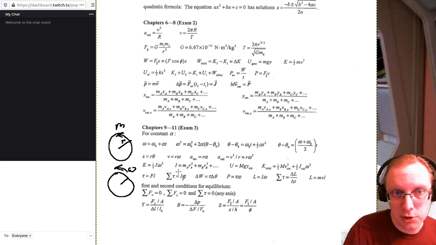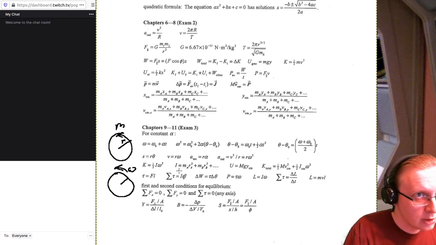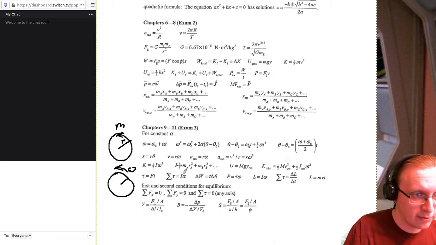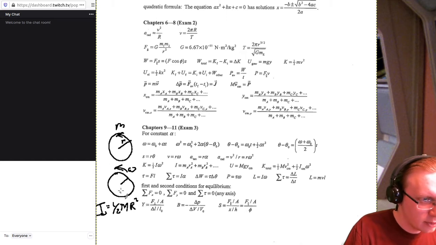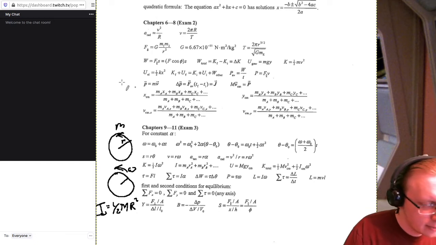That I is going to be provided to you either as I equal to a certain value, or an equation will be provided to you, such that if you have a disk, it'll say I is equal to 1/2 m r squared for a disk that's rotating about its center, and other such possible equations.